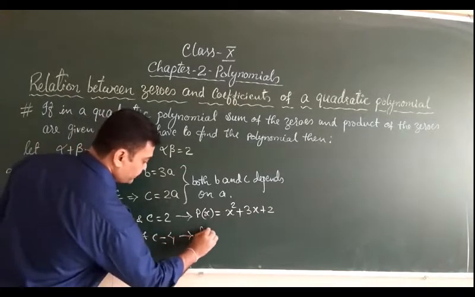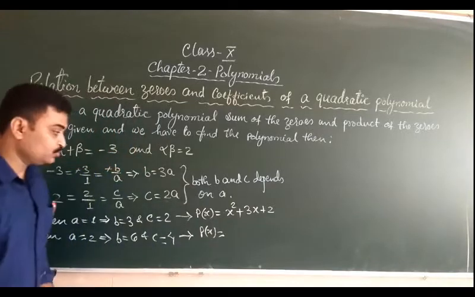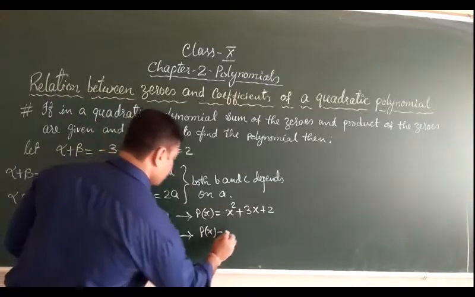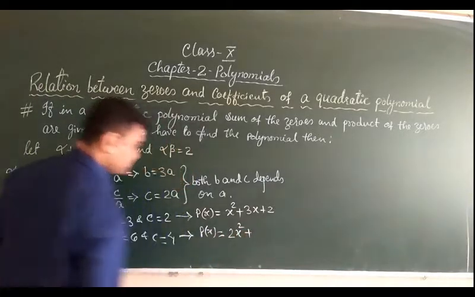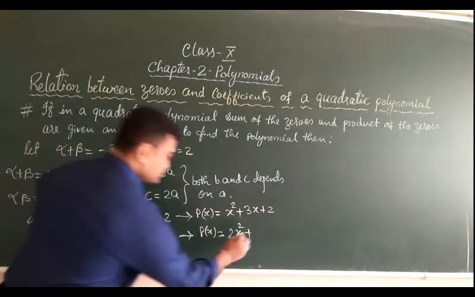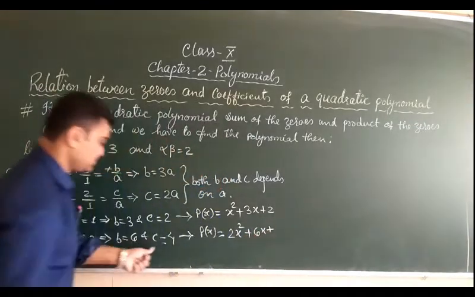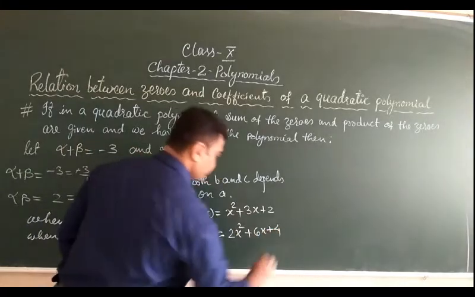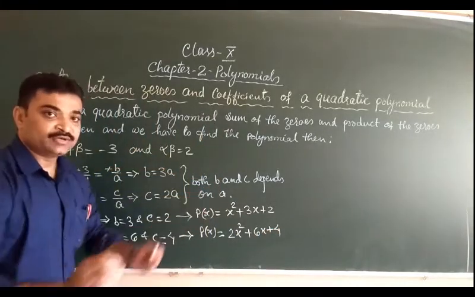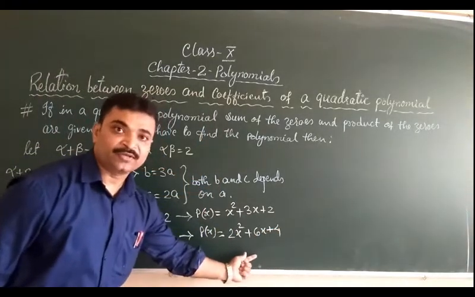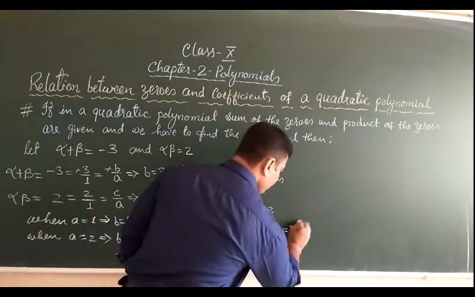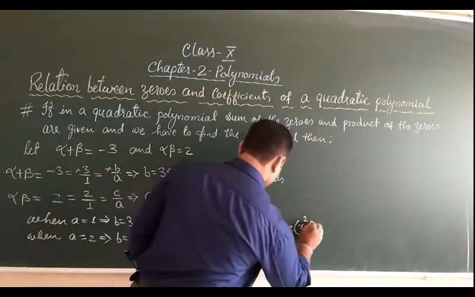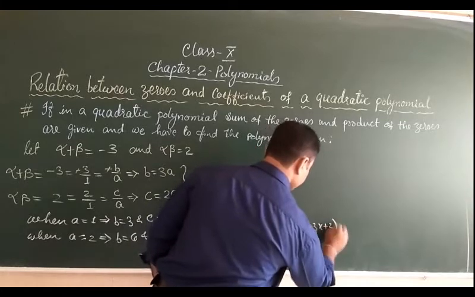That means our polynomial will be p of x is equal to 2x square plus 6x plus 4. Got it? Students, if we take 2 common from here, what do we get? x square plus 3x plus 2.